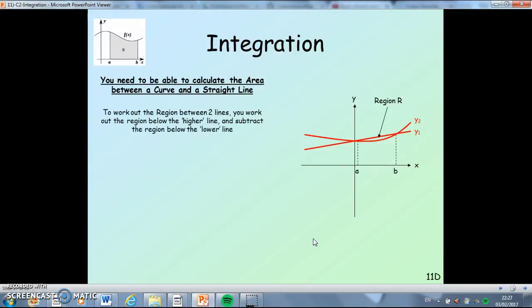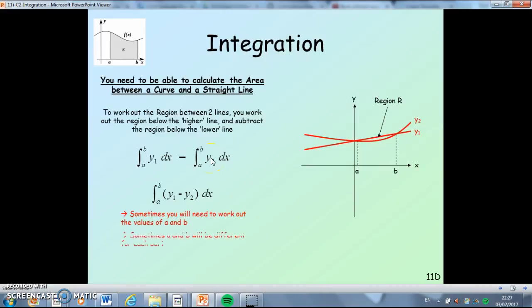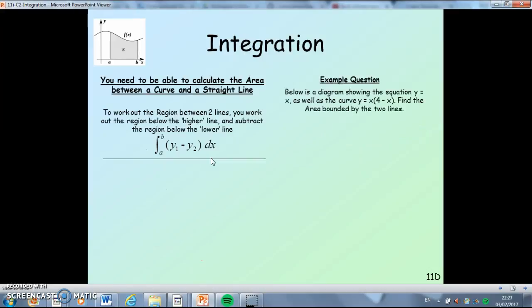I most definitely think that there will be one on there, and we use this equation. Sometimes you will need to work out the values of A and B, because you don't know them, so we have to do that beforehand by working it out from the equation.